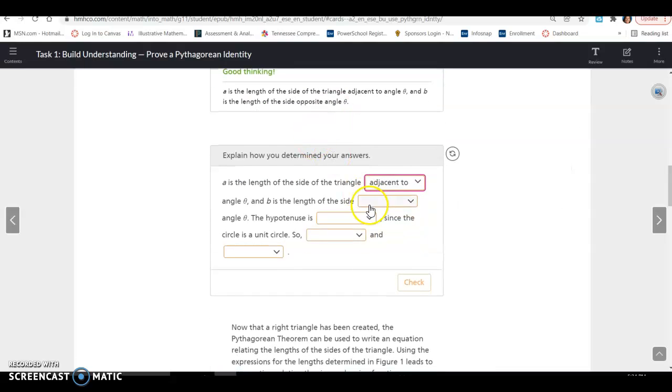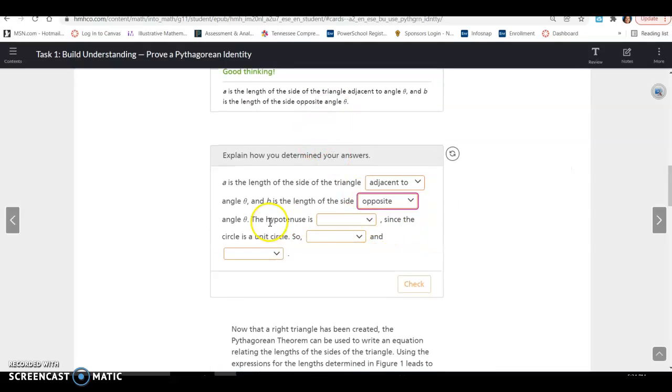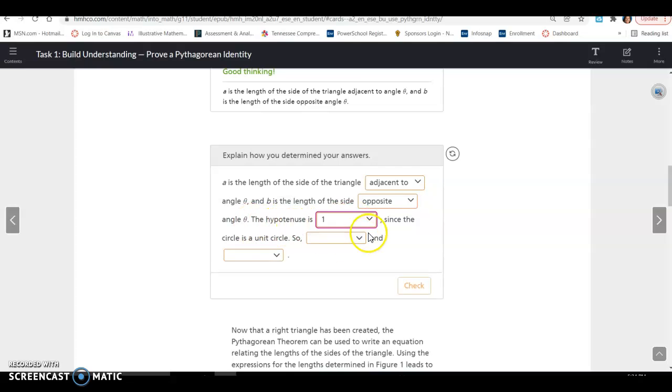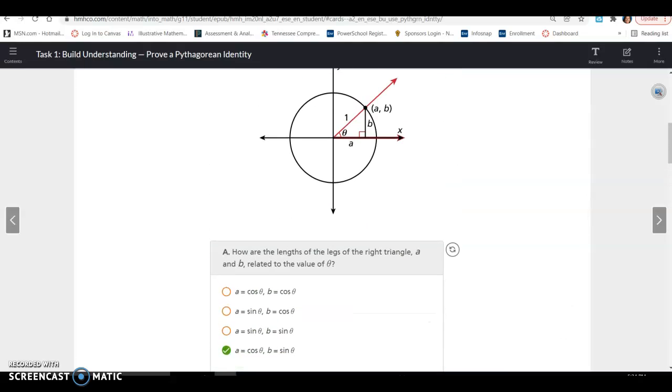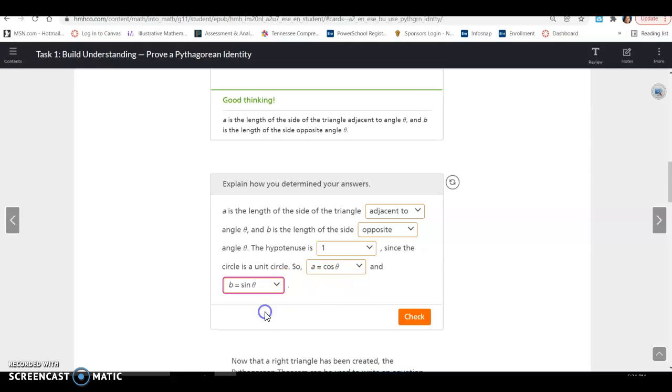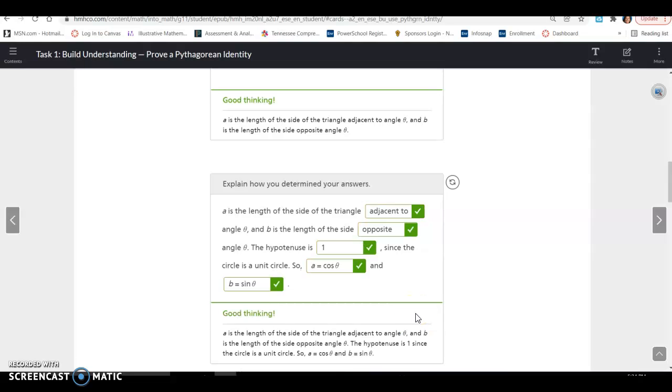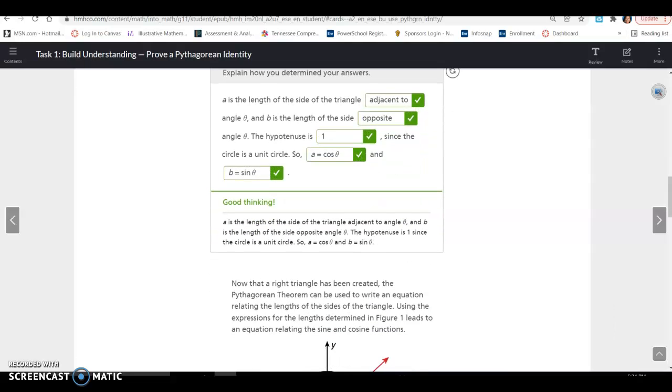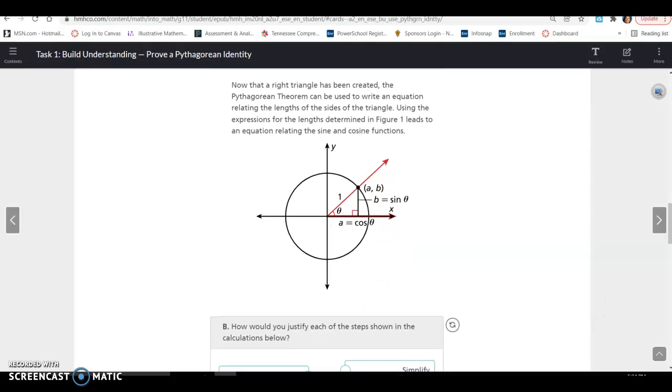B is the length of the side opposite angle theta, and the hypotenuse is 1 because we're looking at the unit circle, and they have designated that this is 1 unit. Since the circle is a unit circle, A is the cosine and B is the sine. So it's just explaining why it is that way.